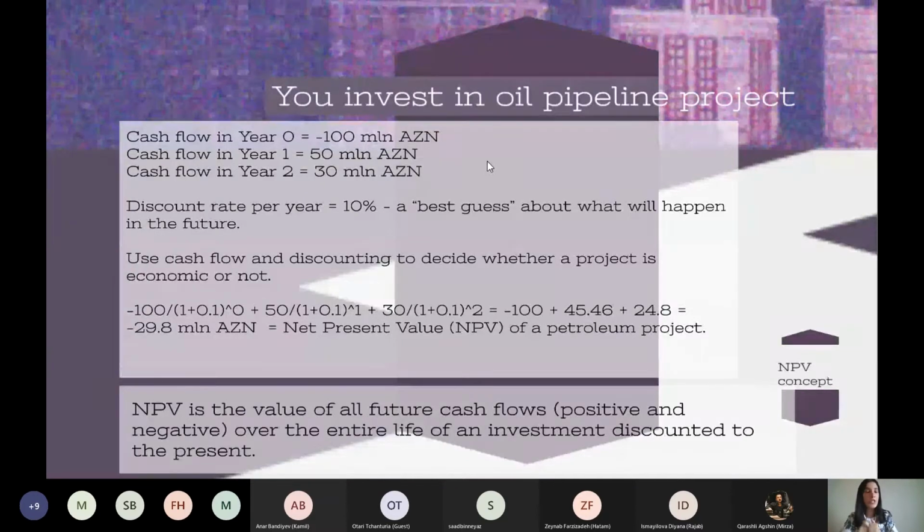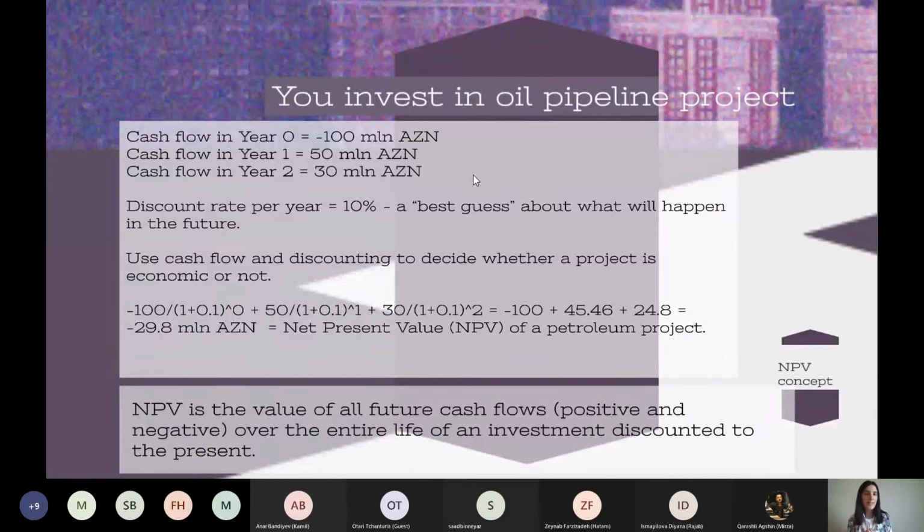So that's why we need to find the present value of these two future values. They're future values, right? This money is in the future, so that's why they're future values. For this, we need a discount rate. So let's say, according to some research, you know that the discount rate per year is 10%. This is not the exact amount. We cannot say this is the exact discount rate. This is appropriate, a near discount rate.